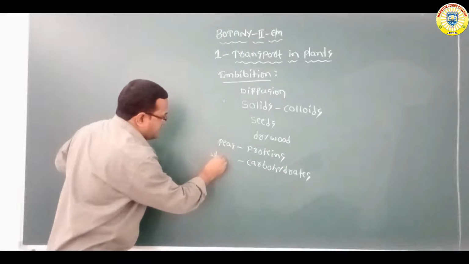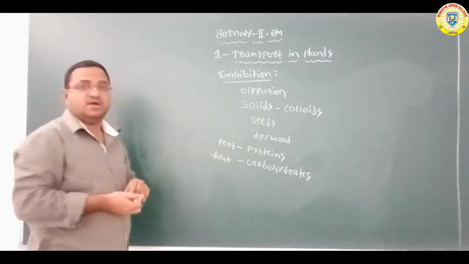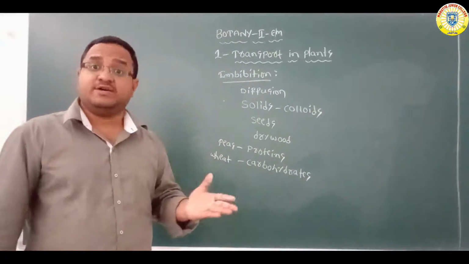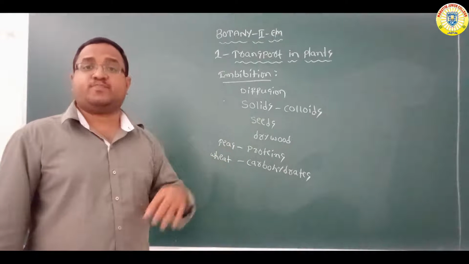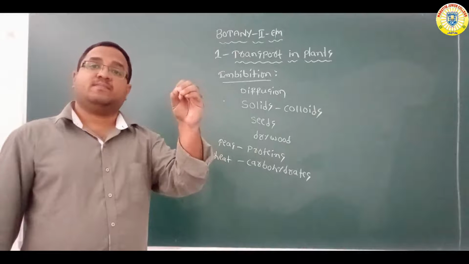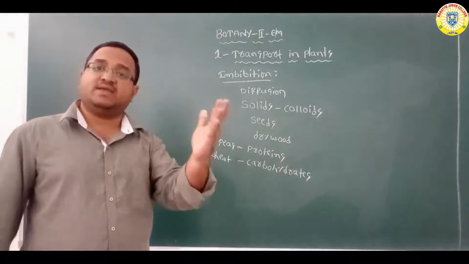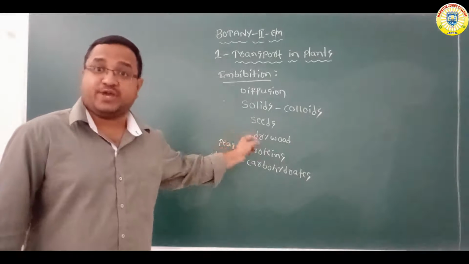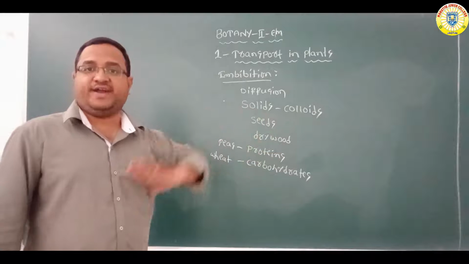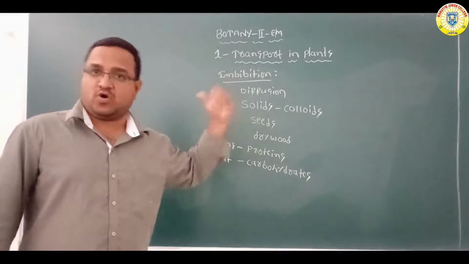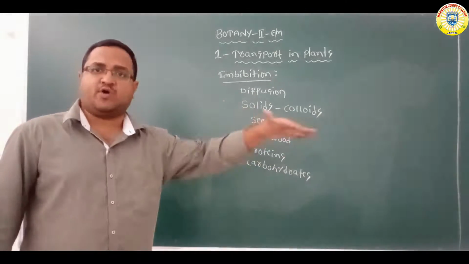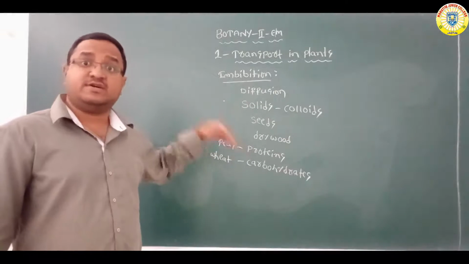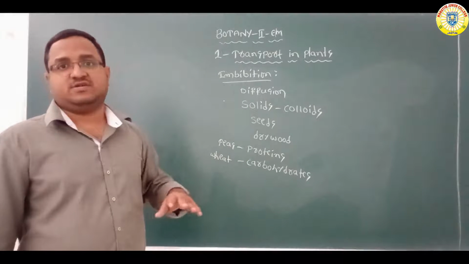Starchy means carbohydrate. Peas contain proteins, wheat contains carbohydrates, so proteins swell more in imbibition compared to carbohydrates.